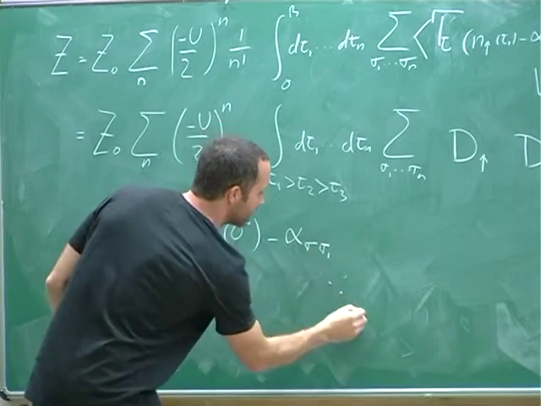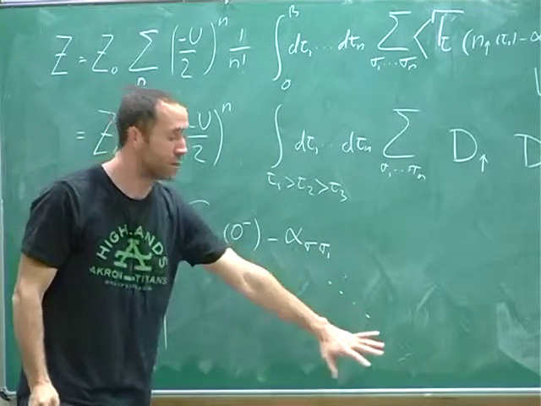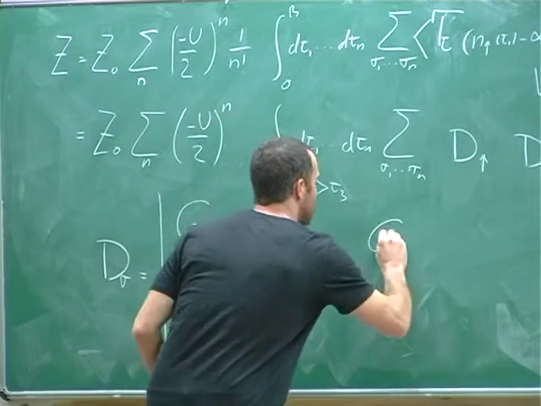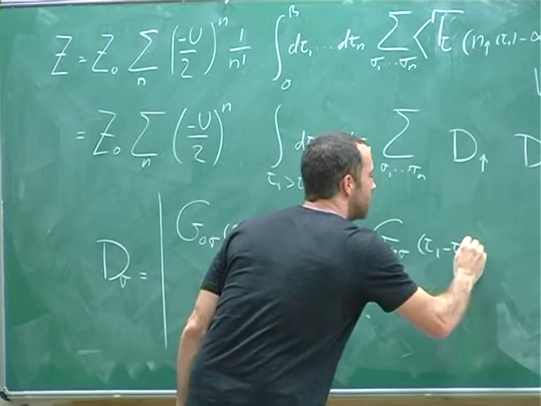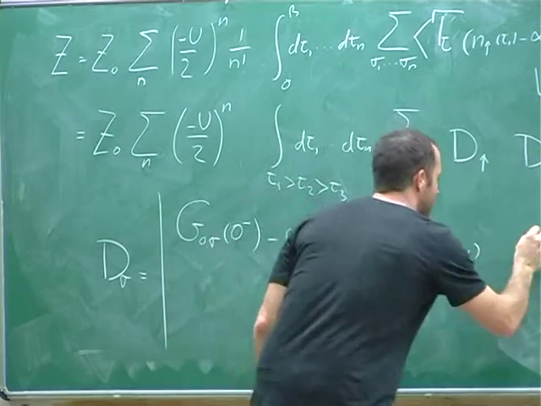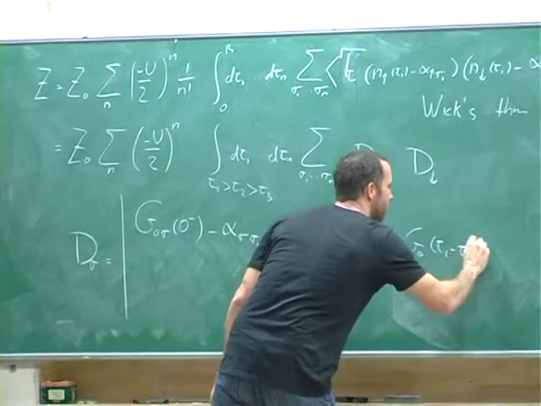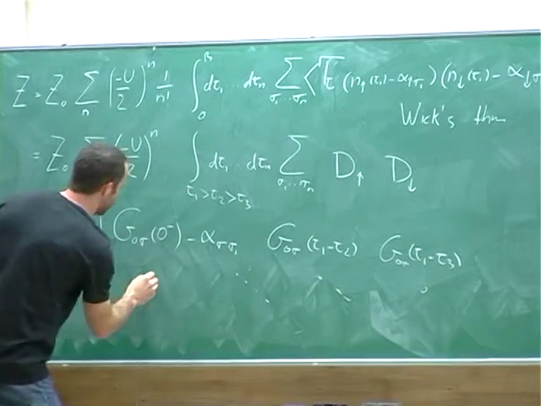You get these terms on the diagonal, so it's sigma 1, sigma 2, sigma 3, and so on. And everywhere else in this matrix, you get G0 sigma of tau 1 minus tau 2, G0 of tau 1 minus tau 3, and so on. Same thing all over.